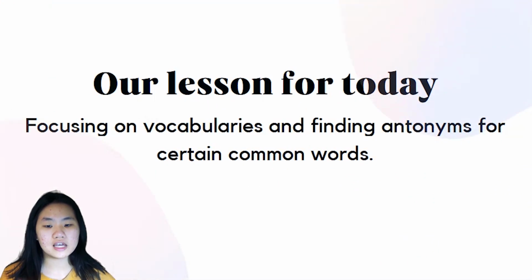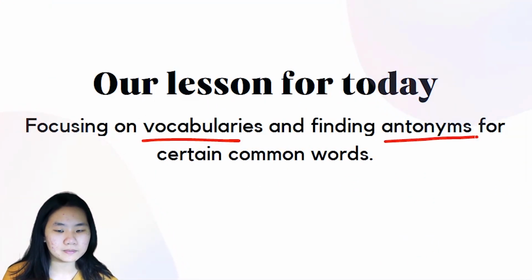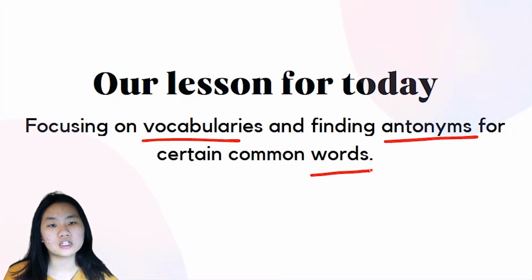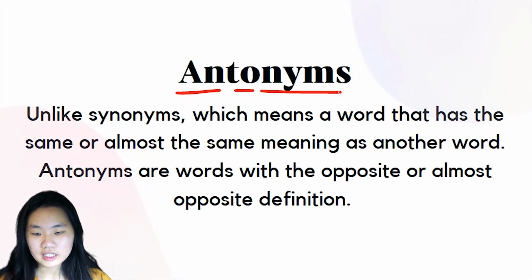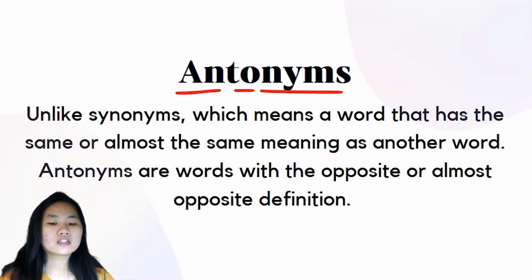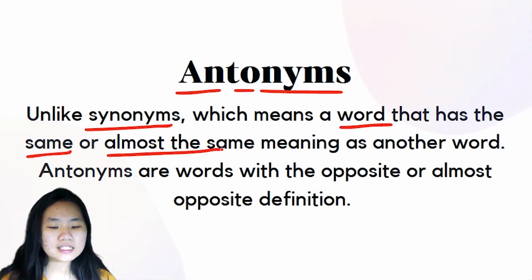Our lesson for today is focusing on vocabulary and finding antonyms for certain common words. Before we move on to what antonyms are, let's see what synonyms are. Synonyms means a word that has the same or almost the same meaning as another word.